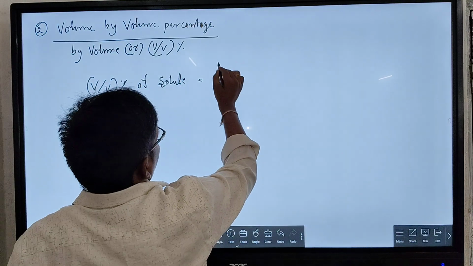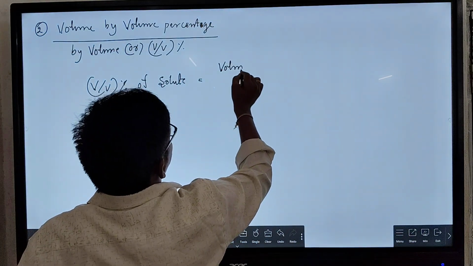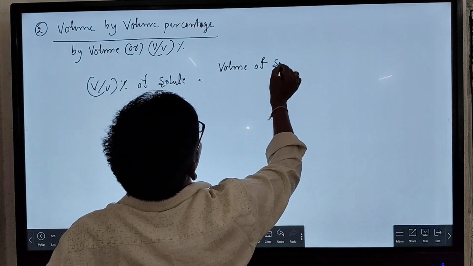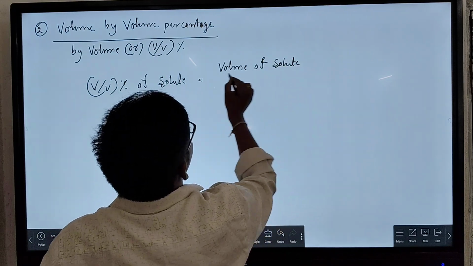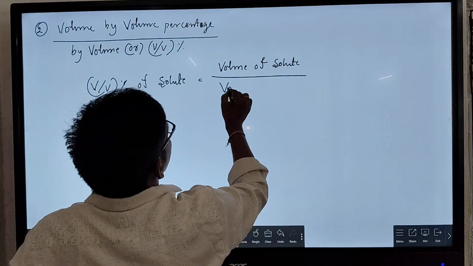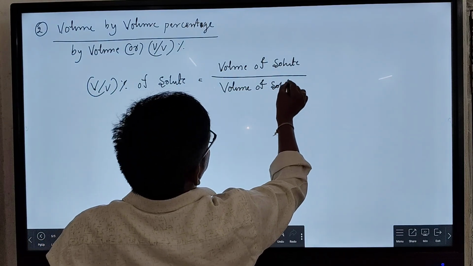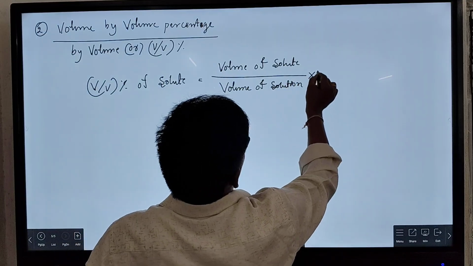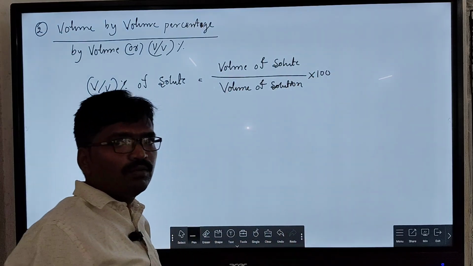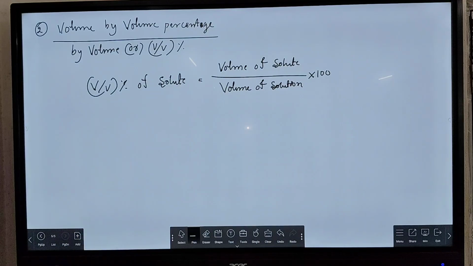Then volume of solute divided by volume of solution into 100. You have to take volume of solute divided by volume of solution into 100.